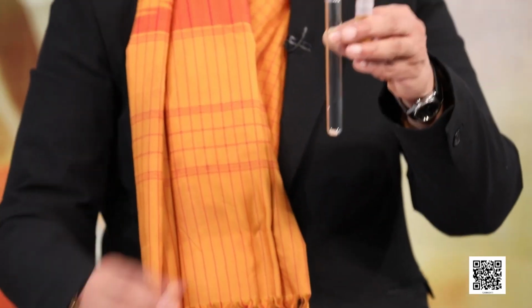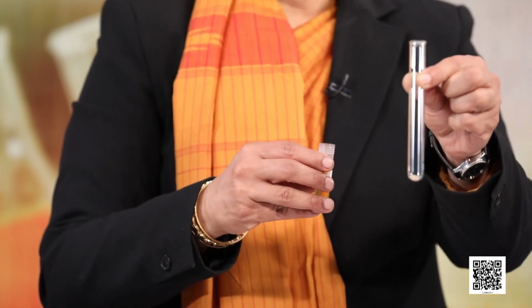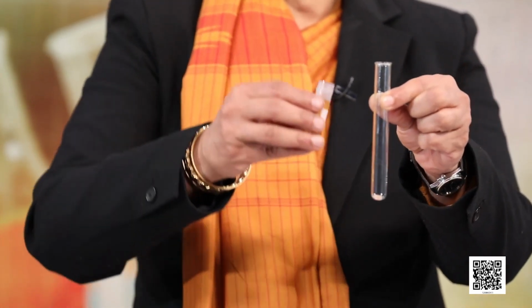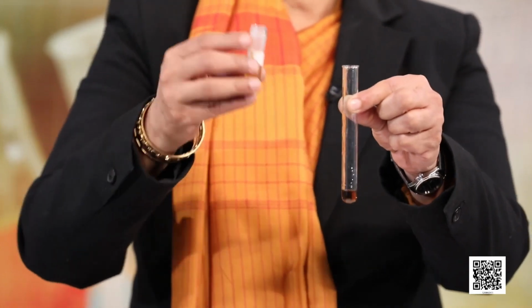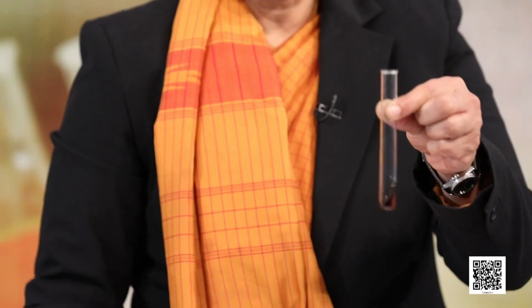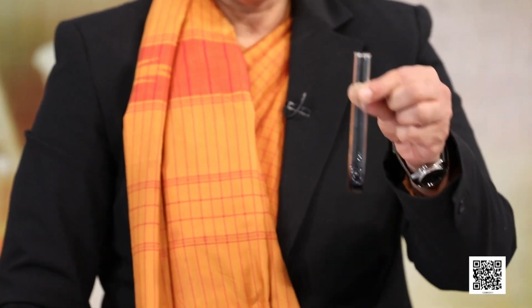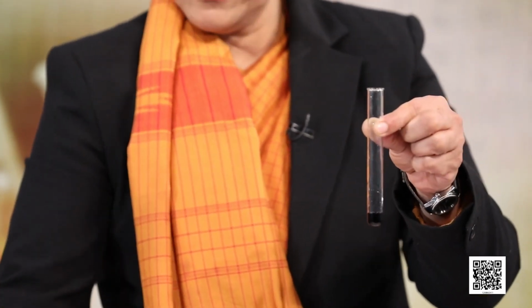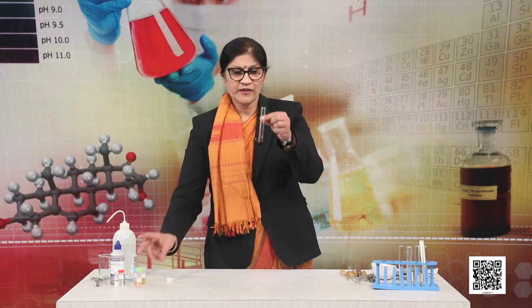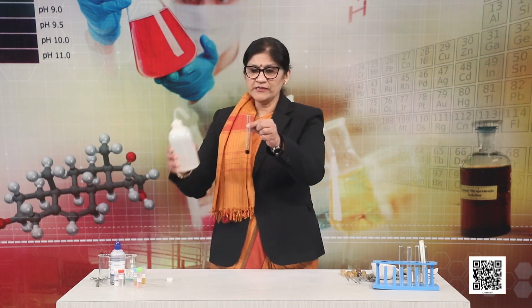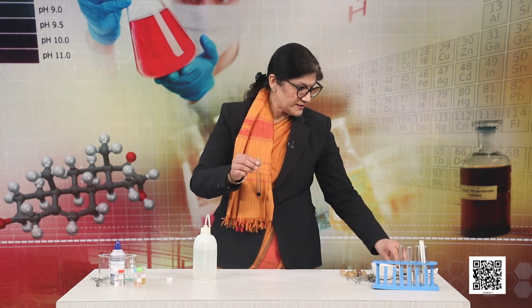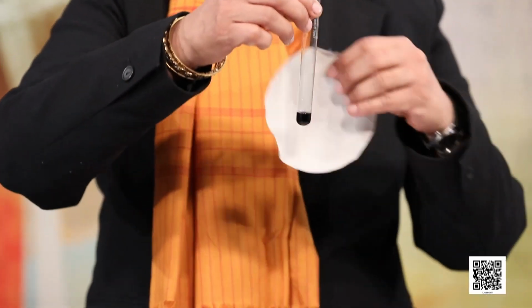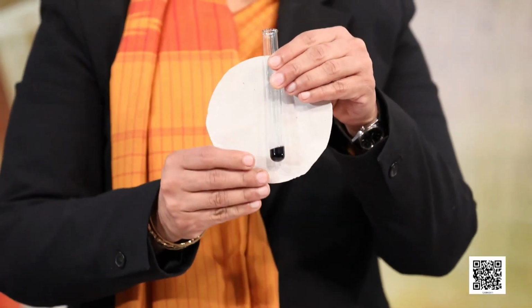So, here I have taken a very little quantity of phenol, and to this I am adding a small amount of ferric chloride. You can see the color change, it looks a little black, does it? Okay. So, let me dilute it so that you can see the correct color change, and for this I will keep a white filter paper.